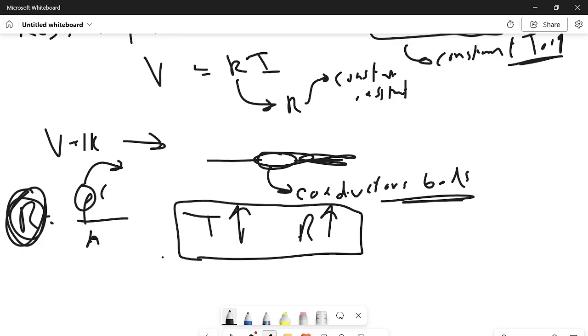Well, when temperature increases, the metal atoms in the circuit, like let's pretend this is zoomed in, they will start to vibrate. And if they vibrate, electrons are more likely to collide and lose some of that energy. And resistance is basically just the opposition to current. How much does it oppose it? So temperature can lead to a greater resistance for that reason.